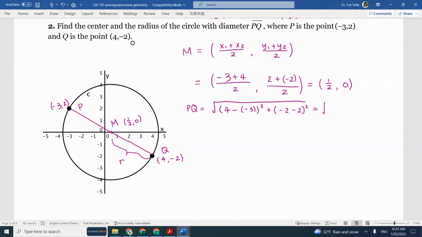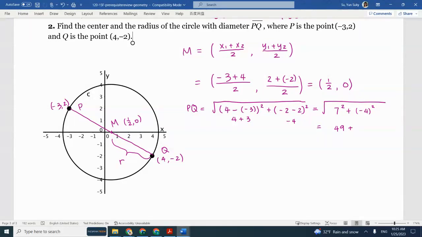Alright, it's the square root of 4 minus negative becomes plus 3. Sorry, 4 plus 3 is 7. So 7 squared plus -2 minus 2 is -4. -4 squared right here. So 7 squared is 49, right?